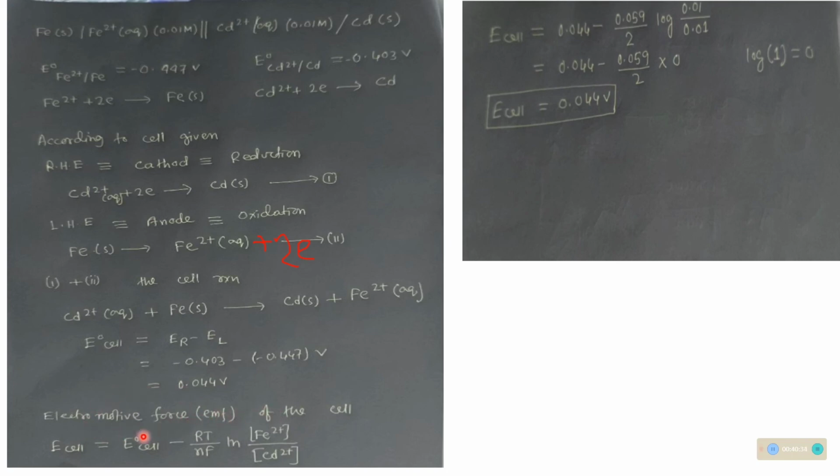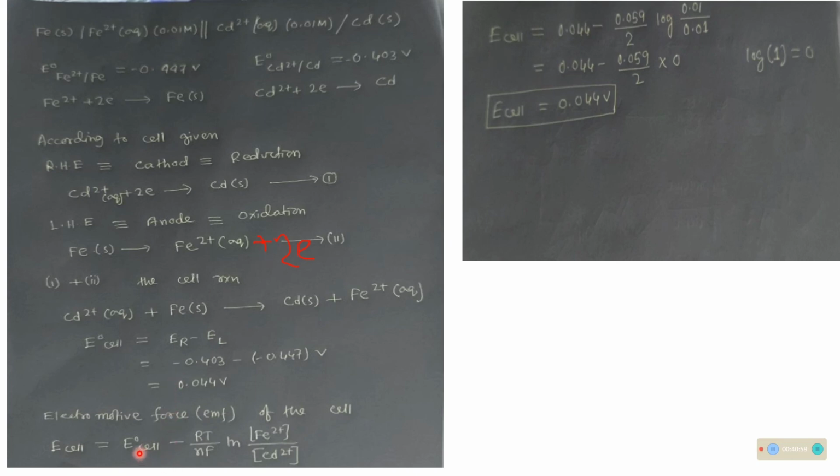The electromotive force of the cell is E cell equals E0 cell minus RT by nF ln of Fe2+ by Cd2+. In the given condition, the concentration was given as 0.01 molar for both. So for Fe2+ 0.01, for Cd2+ 0.01. So this term becomes 0, and E cell becomes equal to E0 cell.